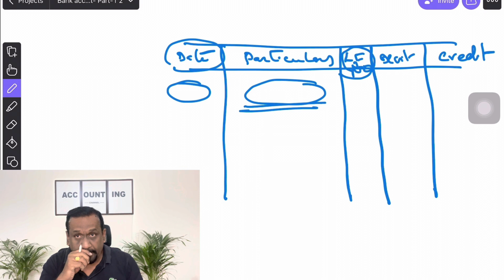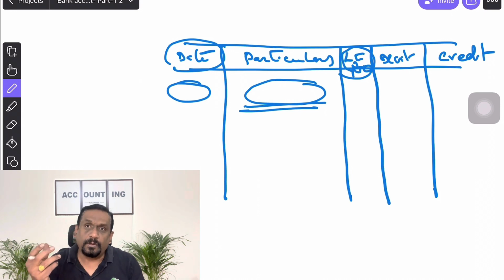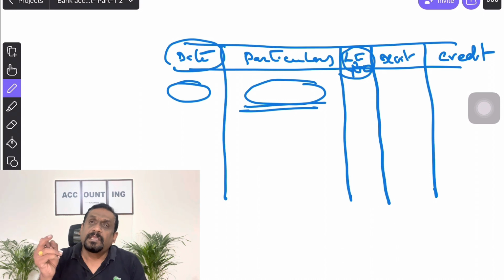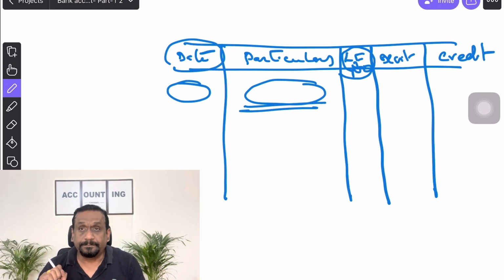That is the reason why ledger folio number is required. Ledger folio number is nothing but in ledger book, in which page this entry has been recorded. So that page number has to be mentioned here, LF number, right?